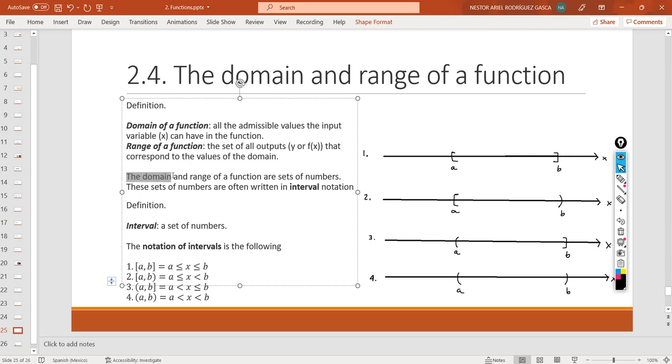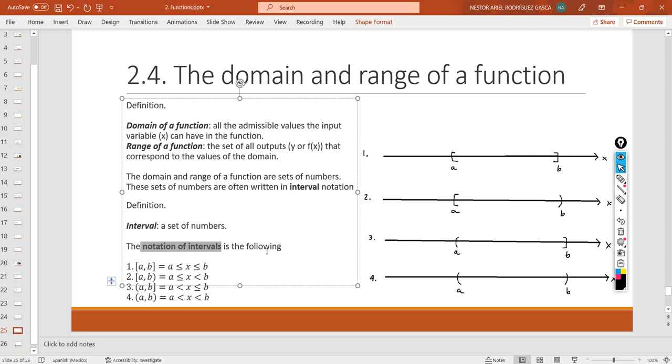Let's keep on reading. The domain and range of a function are sets of numbers, right? And these sets of numbers are often written in interval notation. So first, what is an interval? Definition. Interval, just a set of numbers. That's it, guys. Interval, a set of numbers. Let me tell you about some notation of intervals.